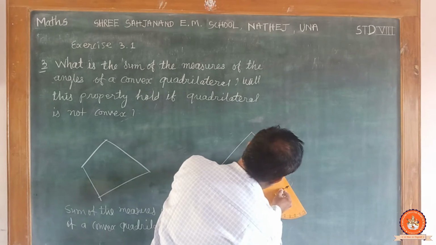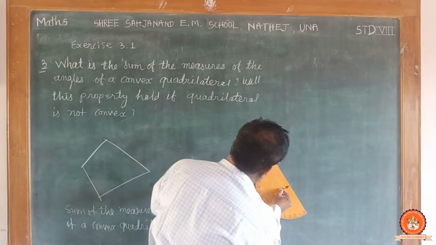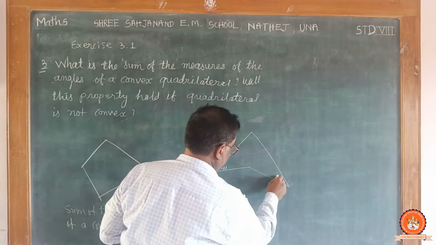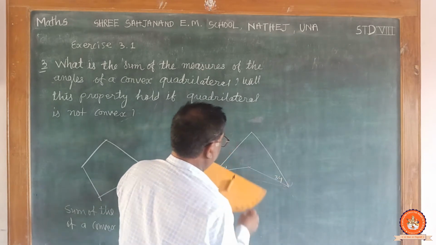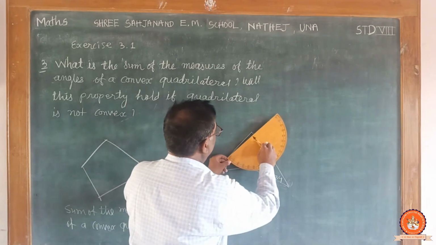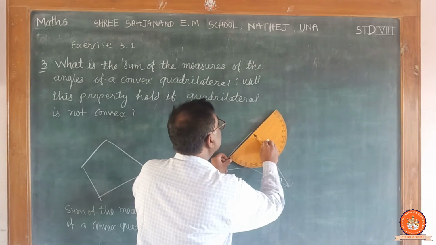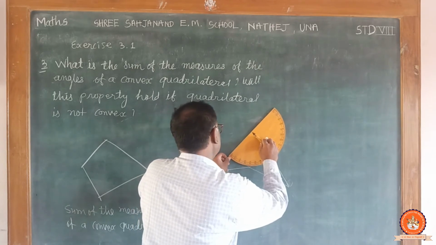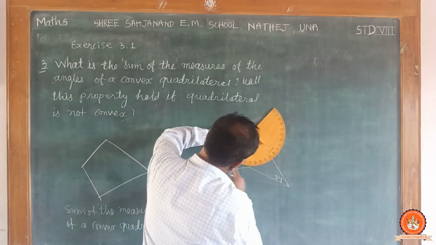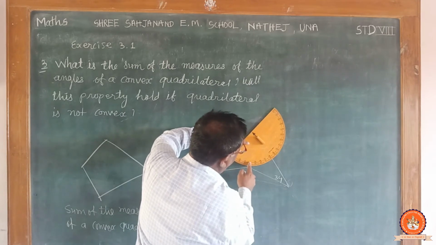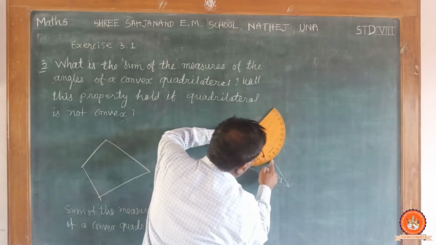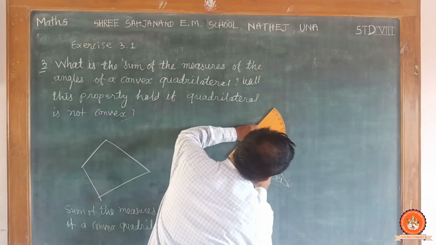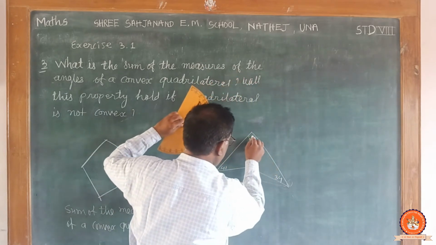It's 10, 20, 30 and 34. Now think of this one. How much is it? It's 10, 20, 30, 40, 50, 60, 70 and 80, approximately 81.